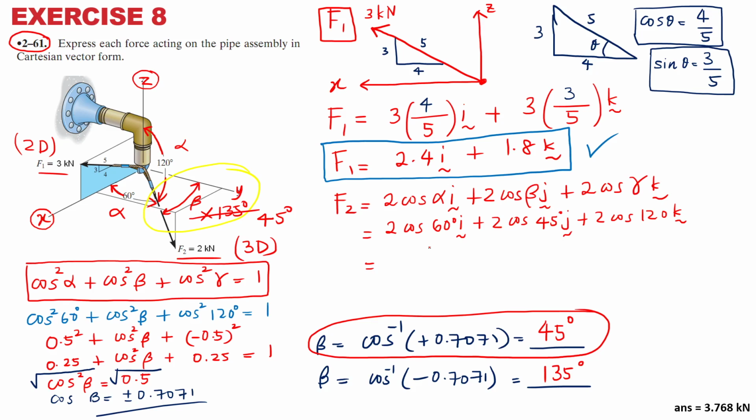So there you go. 2 cos 60 gives you I only, plus 1.414 J.